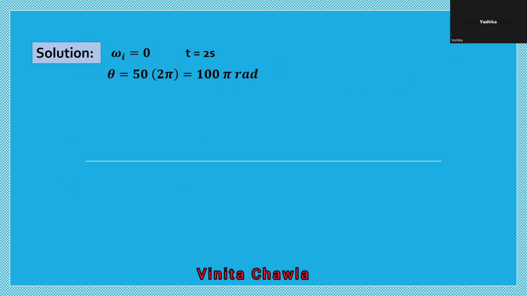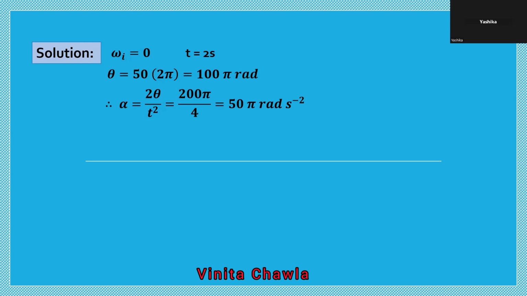It's 100 pi radian. Okay. How will you find alpha? s is equal to ut plus half at square, right? So if your initial velocity is 0, then what do you write s as? Half at square. And what will you write a as then?